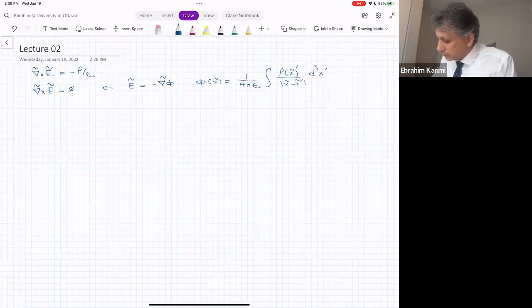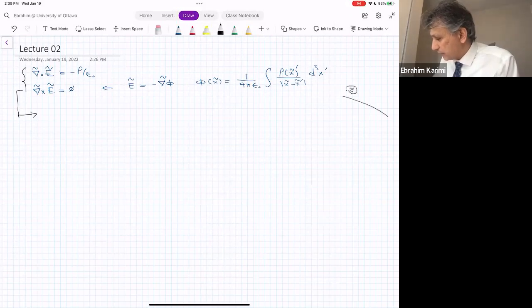And from these two equations, we found the boundary conditions, or let's say continuity of the field. From the divergence, we realized what's going on with the normal component of the vector, and from the curl, we find out what's going on with the tangent component. So we assume that we have a boundary. Here is region 2, here is region 1.